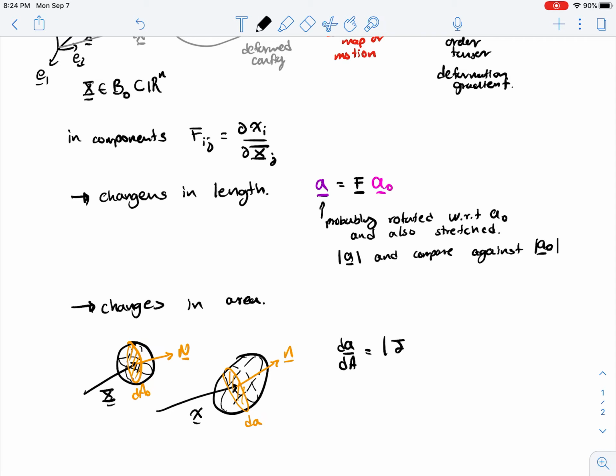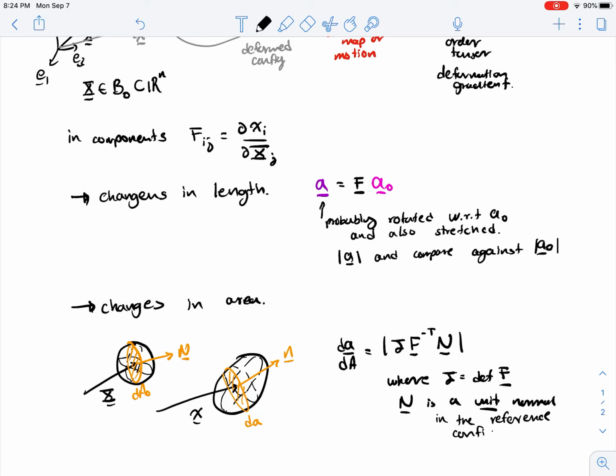But what matters here is that the rate of the change in area is going to be given by J F minus transpose times N, where J equals the determinant of F and N is a unit normal. In this case, for N, I do need this to be a unit normal in the reference configuration.